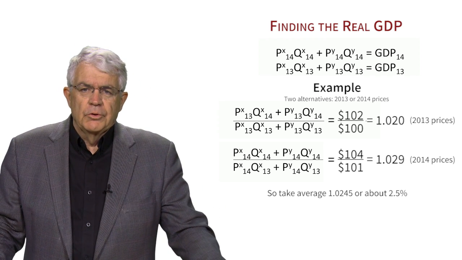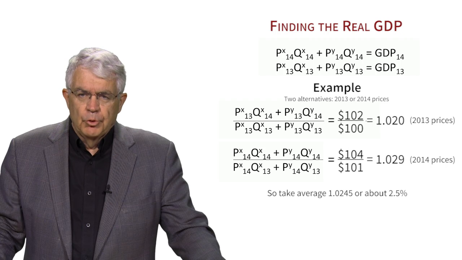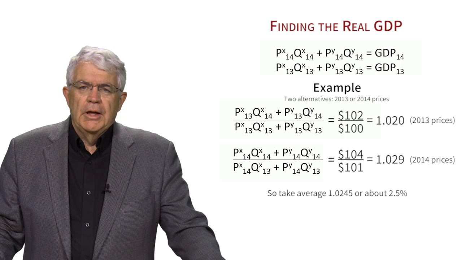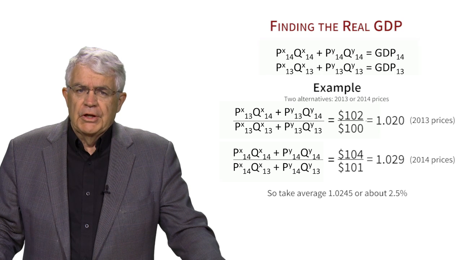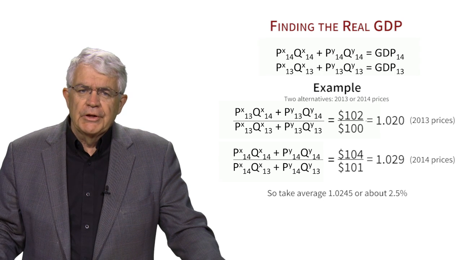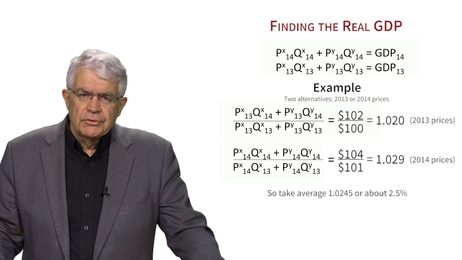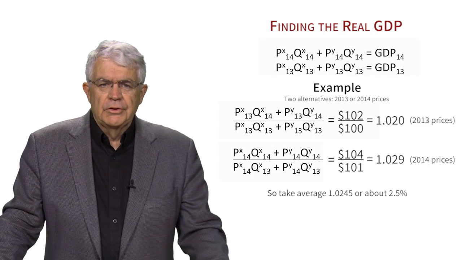The ratio of that is 1.02, and that means that the real GDP, which we've now computed, has increased by 2%. So it's real now because we have kept the price constant, unlike in the very first part where prices were allowed to change.